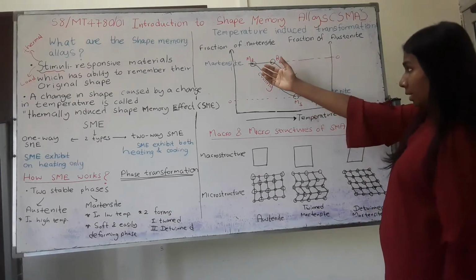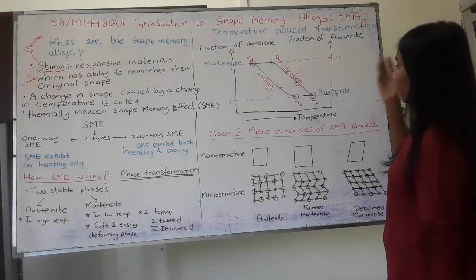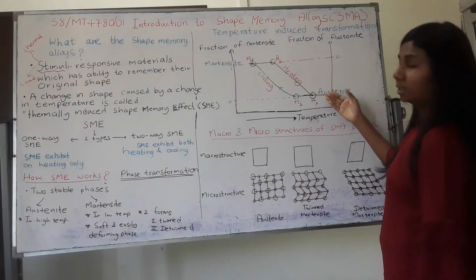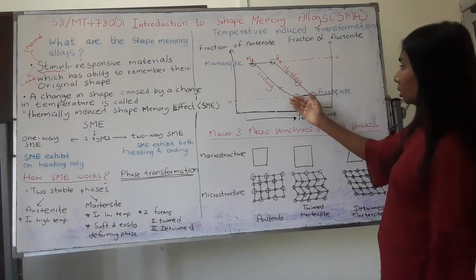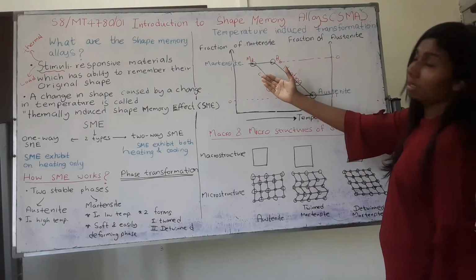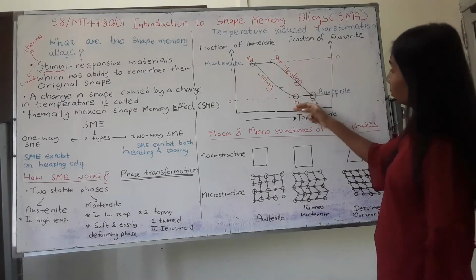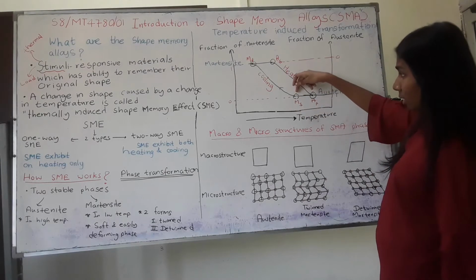In the cooling cycle, in the hot stage there is 100% austenite. When it gradually cools the material, it starts to form martensite in austenite.